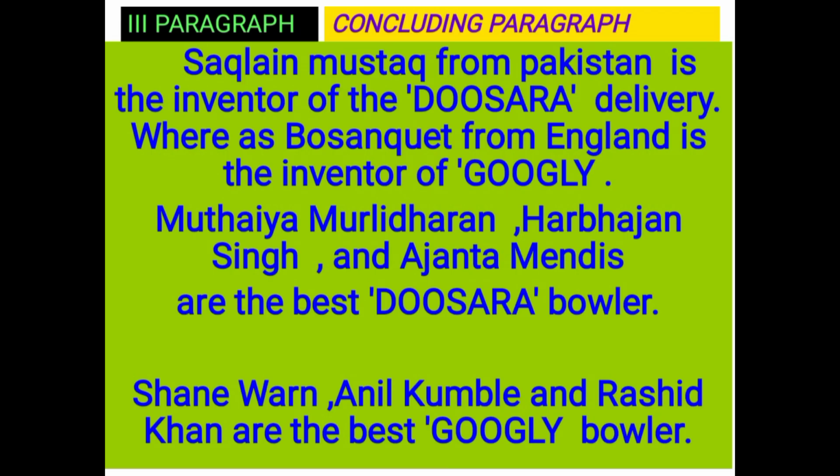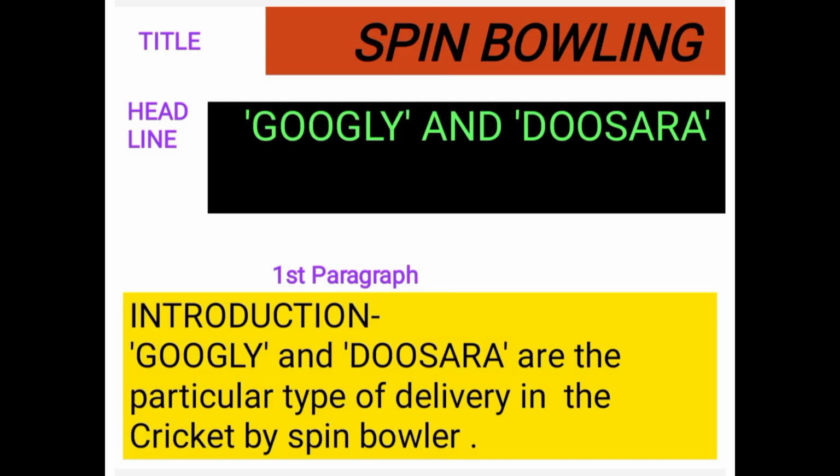And the third paragraph is called the concluding paragraph. In this way, we have to write three simple paragraphs. While writing the paragraphs, you have to keep in mind all the points that I have given in this video about using short paragraphs, simple sentences, and simple words.